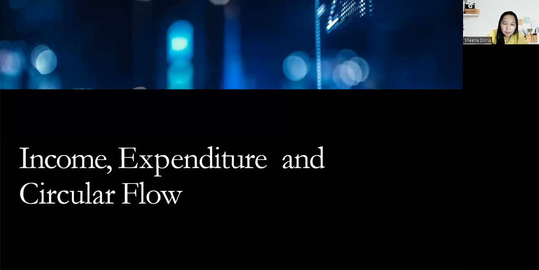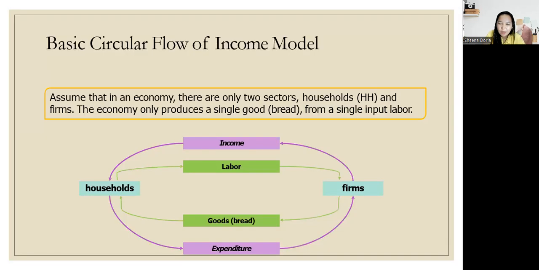Okay, so for income, expenditure, and circular flow, we have here the basic circular flow of income model. It's the circular flow model of the economy, but this one is the circular flow of income, since, as we said, models are used to simplify things.